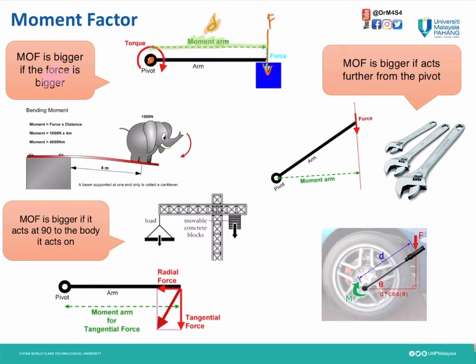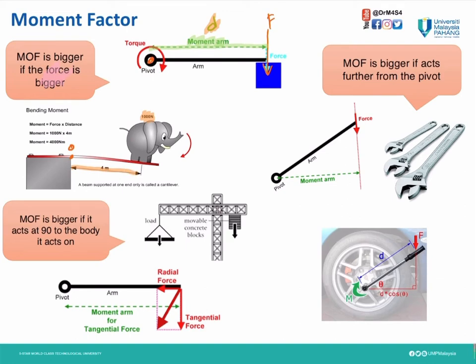Take this for an example. As you can see here, the weight of this elephant is 1000 Newton, and the perpendicular distance to point O is 4 meter.